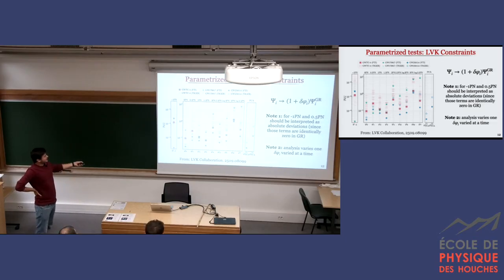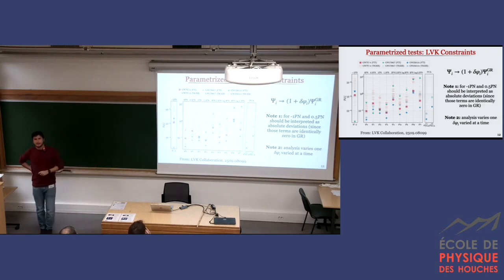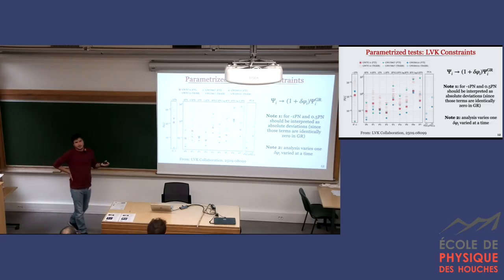Okay, so from this plot, something that I can point out, for example, is at -1 PN, which is this term, there's a very strong constraint coming from this event, and this event is essentially the binary neutron star. And the reason why the binary neutron star is the best one to constrain this -1 PN is essentially what I was saying, right?